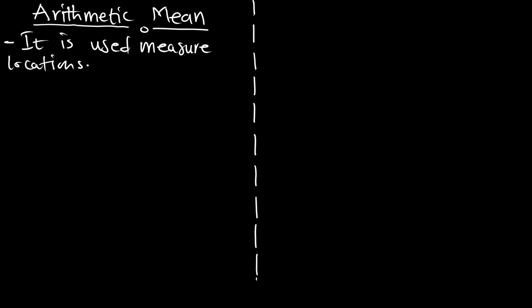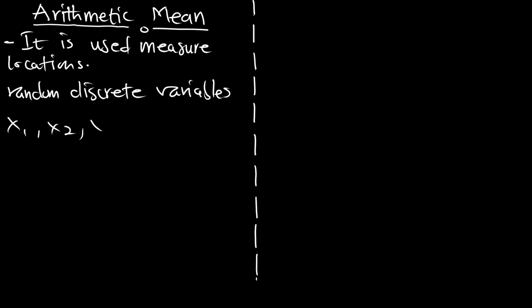In this episode, we are going to focus on random discrete variables. When we talk about random discrete variables, they are the variables that can be listed as x1, x2, x3 up to xn. These are random discrete variables. They are ungrouped data.